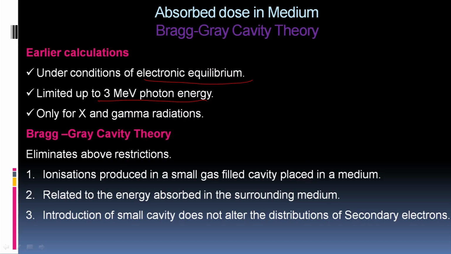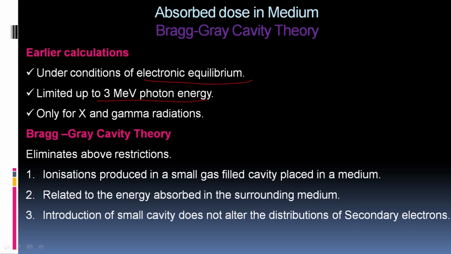But in practical radiation oncology, we treat patients, who are not air but a medium like soft tissue, bones and other tissue materials. So we need to devise some methods by which we can calculate or measure the dose to any tissue or any point, and calculate the dose in water or any medium other than air.